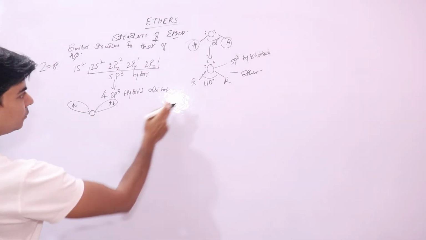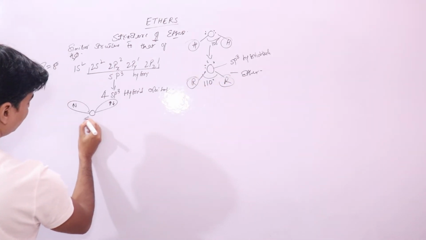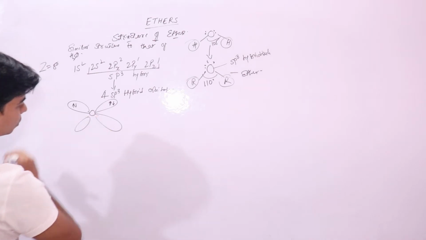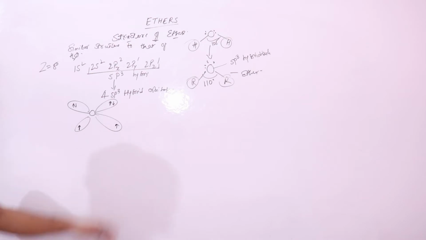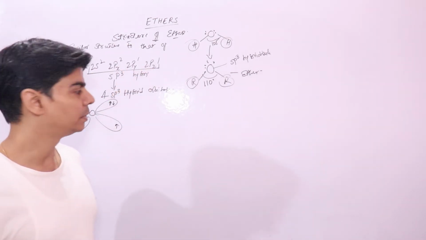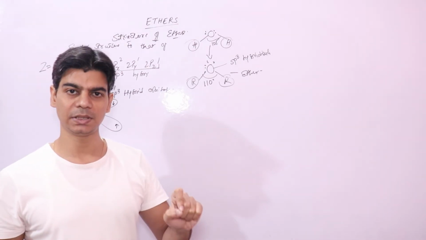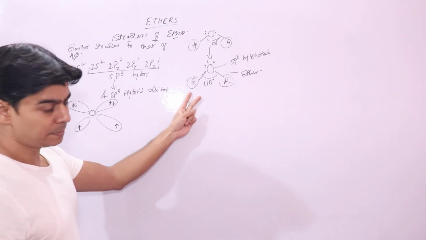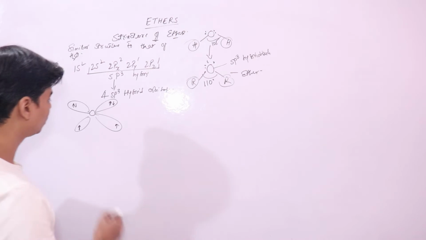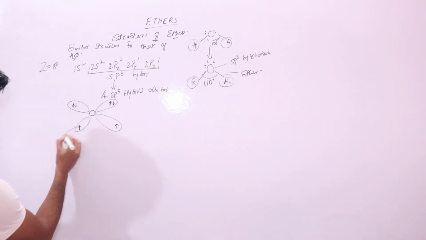Now if you look at this, you have 2 R groups. The two orbitals that contain a single electron will overlap with the sp3 hybrid orbitals of these alkyl groups. We know that in alkyl groups the carbon is sp3 hybridized. So here the sp3 hybrid orbitals of the alkyl groups will overlap with the sp3 hybrid orbitals of the oxygen atom, like this.